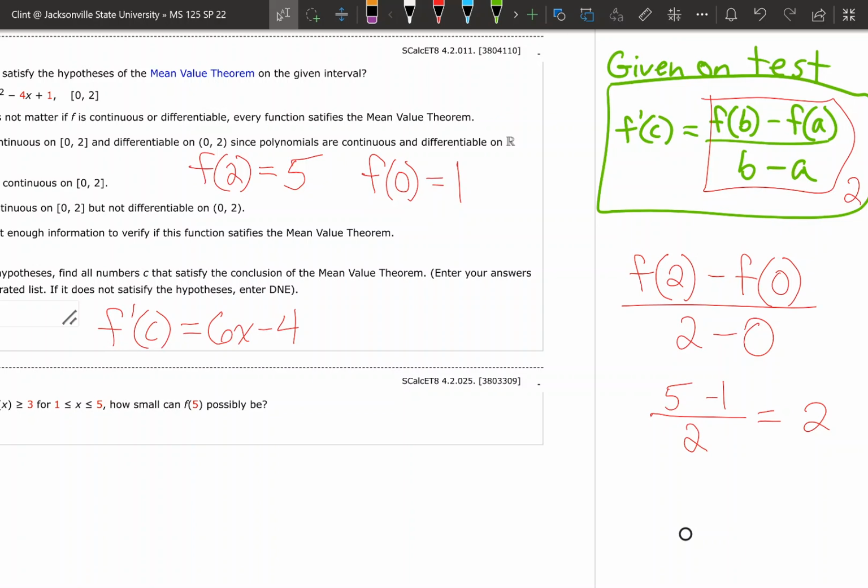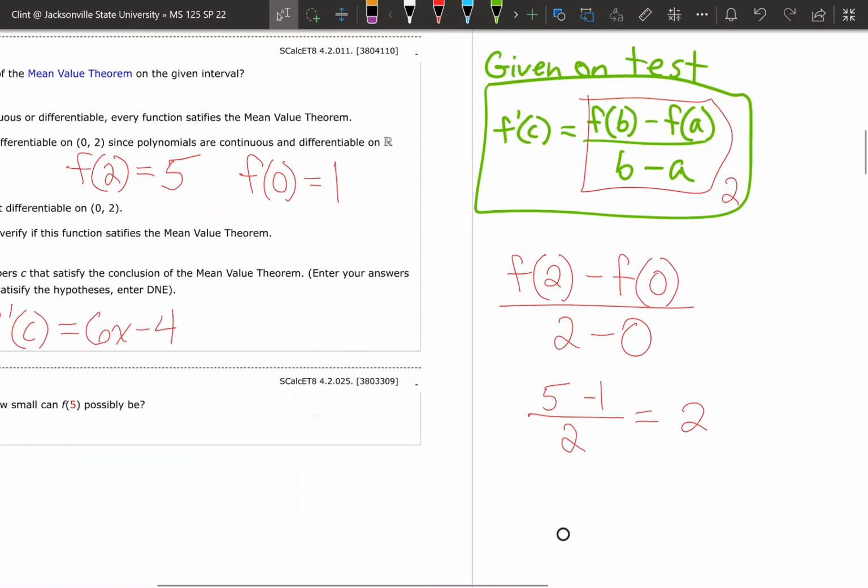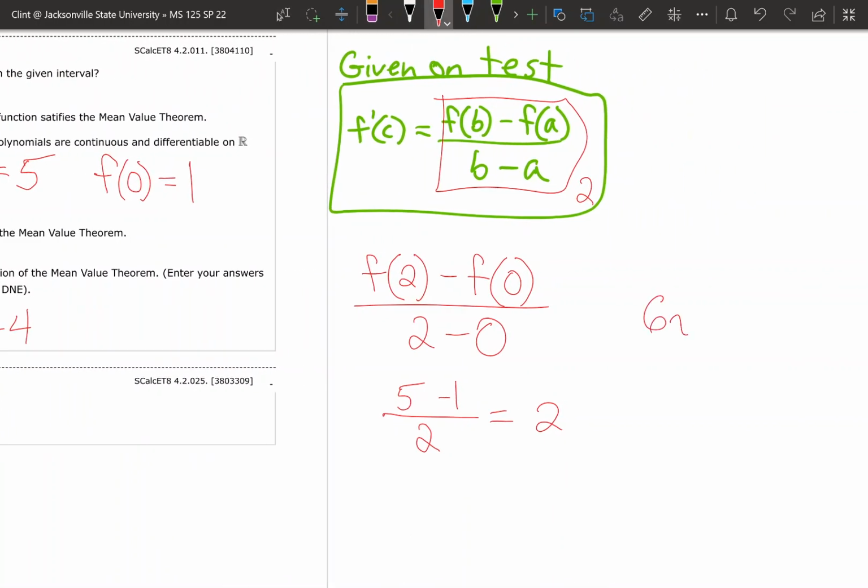Okay. And then we can solve for c. So 6x minus 4 equals 2. 6x will be 6, x's 1. Just so happened we got 1 again, not always 1. And I said x, that's c, sorry.